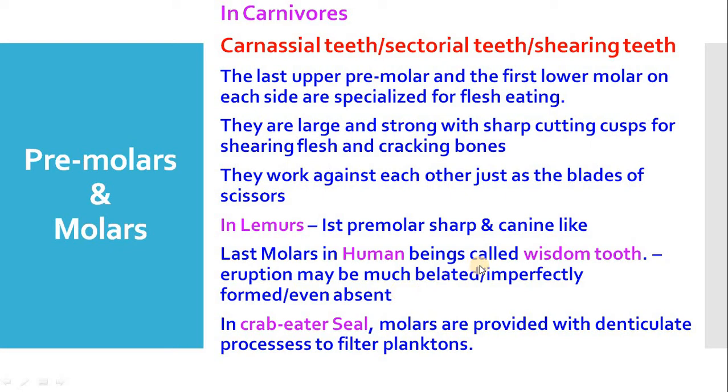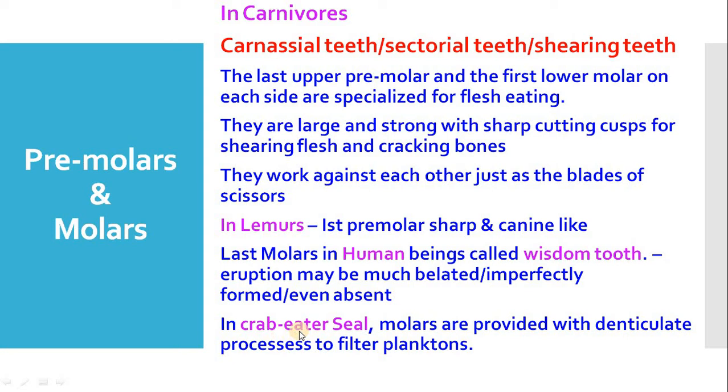In the case of human beings, you might have noticed that the last set of the molar teeth on each side of the jaw will be very late to erupt, and if it comes, they will be coming as imperfectly positioned, and they will cause a lot of pain on the jaws, and that is called wisdom teeth because they appear very late. The old age is almost related with the wisdom of human being. That's why it is called wisdom teeth.